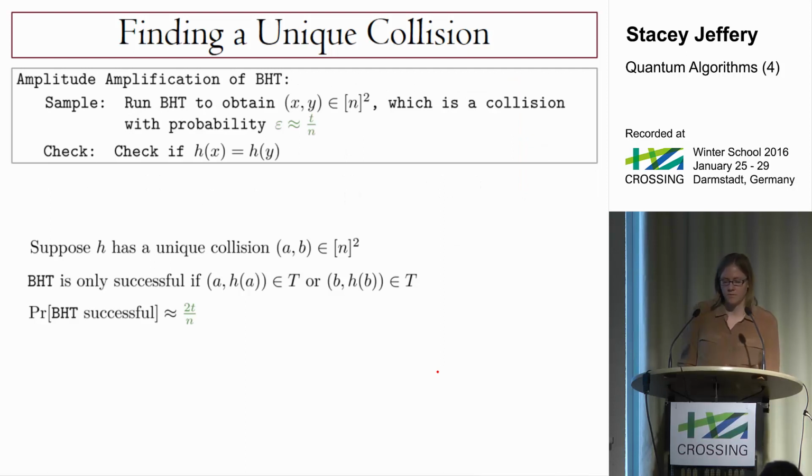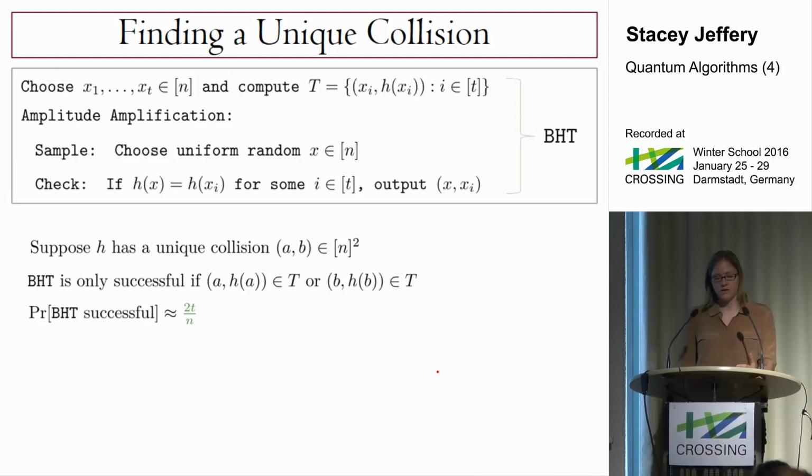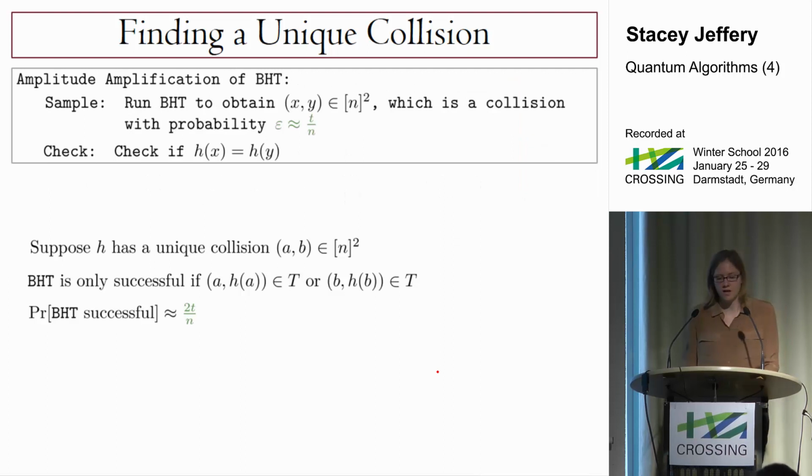Brassard-Høyer-Tapp already has amplitude amplification in it, but we're going to apply another round of amplitude amplification outside of this. So we'll just consider Brassard-Høyer-Tapp as some algorithm. We don't care how it works. It's some quantum algorithm that returns us a collision with probability like T over N, and we can use amplitude amplification on that process. So to sample, we would run Brassard-Høyer-Tapp and we would obtain some x, y, which is a collision with probability like t over n.